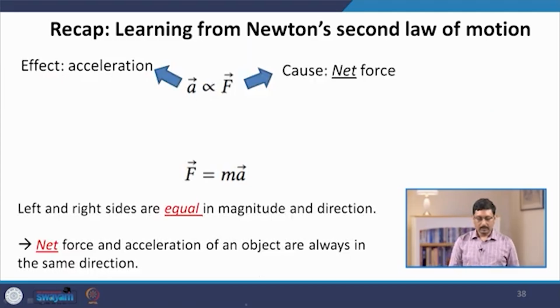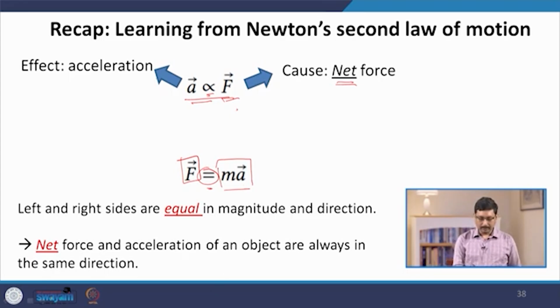Now, if we combine all these three messages in a single picture, the first part is that this acceleration, which is the effect caused by the total force, and now if you replace this proportional to sign with an equality sign. This equality sign itself is important, because it means that the right hand side and the left hand side of this equation can be independently measured.